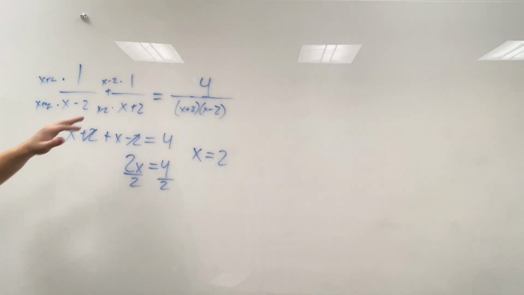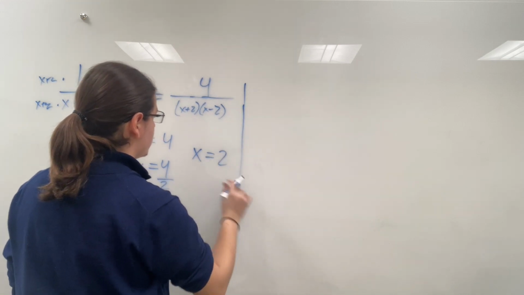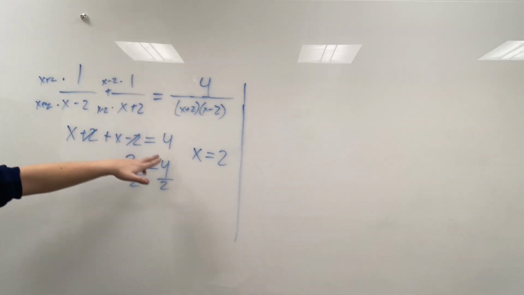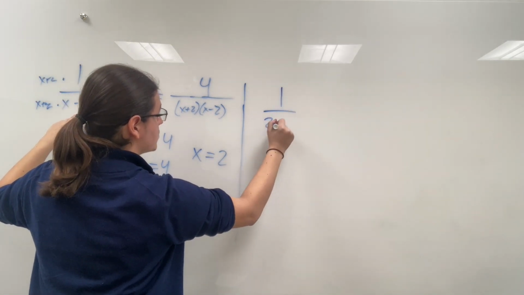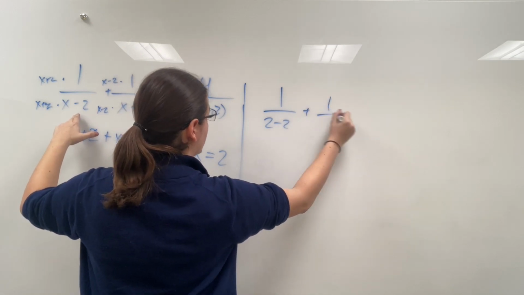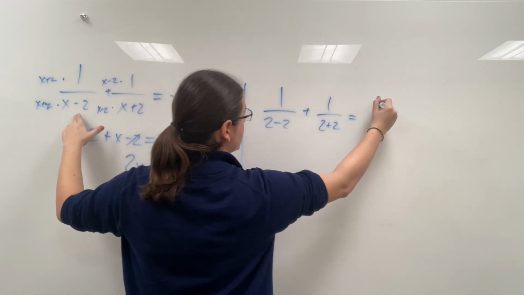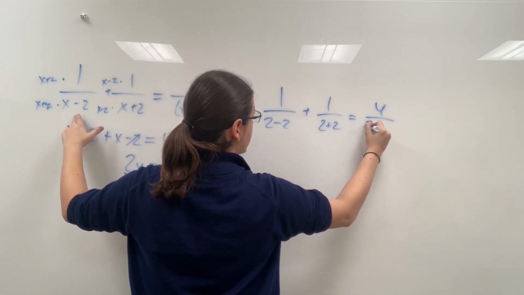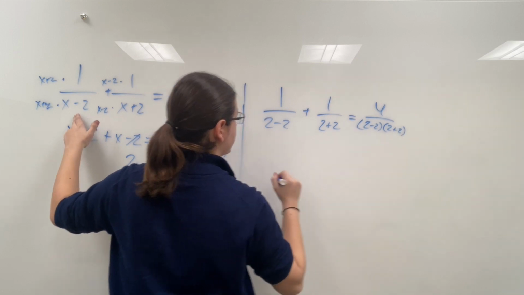Let's plug in 2 for x. We get 1 over 2 minus 2 plus 1 over 2 plus 2 is equal to 4 over 2 minus 2 times 2 plus 2.